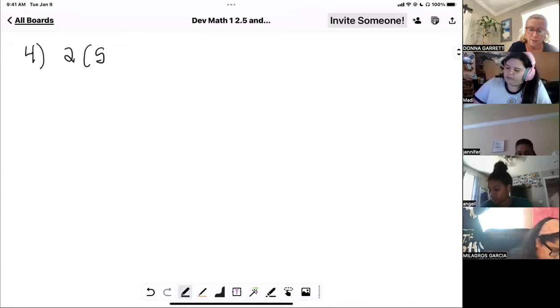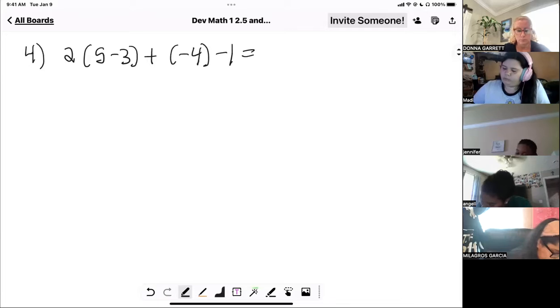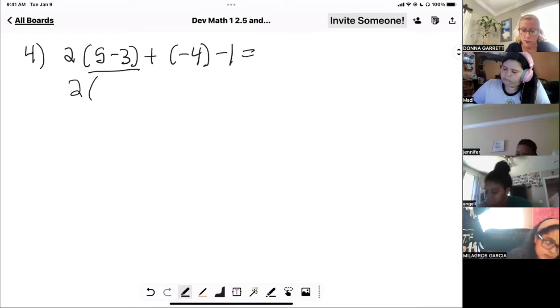2 times 5 minus 3 plus negative 4 minus 1. Okay, so parentheses first. So we're going to simplify that part. 2 times 5 minus 3 is 2.